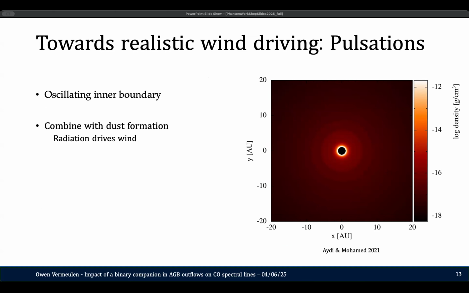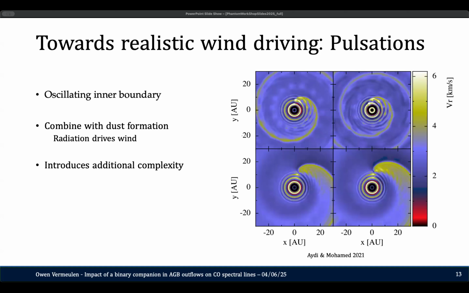This we would then combine with hopefully detailed dust formation and also radiation pressure, such that we are actually driving this wind in a physically realistic manner, instead of just injecting our particles at some velocity. This then also introduces additional complexity in our models.